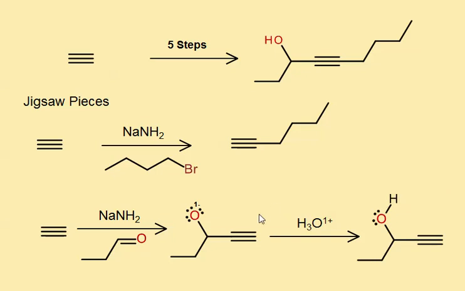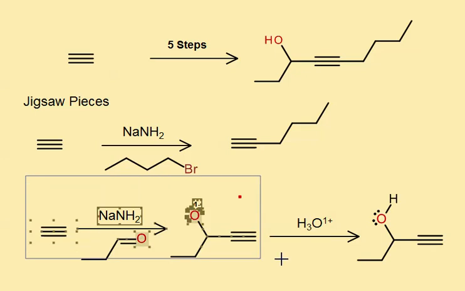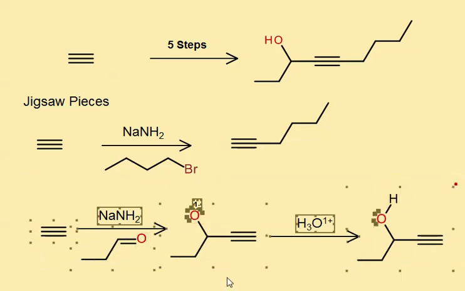So a 2-step reaction, we could maybe even consider as a 3-step. The sodium amide first, together with the aldehyde, to produce this alkoxide as we produce this new link, and then hydronium ions to protonate.